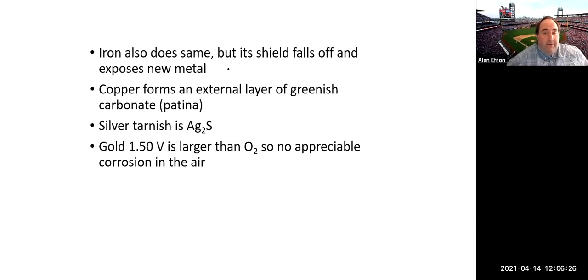So while iron will go through some oxidation and corrosion, just like the aluminum example, the problem is this layer will fall off, and when it falls off, it exposes fresh metal underneath to also start going through corrosion, which then eventually falls off. Before you know it, you have a big hole in the metal, because you've rusted right through it.